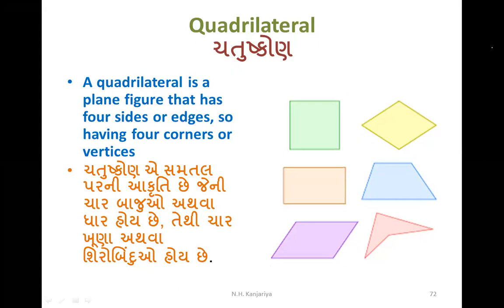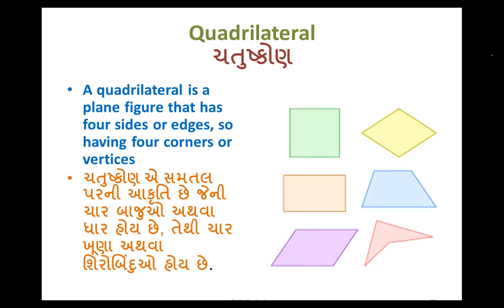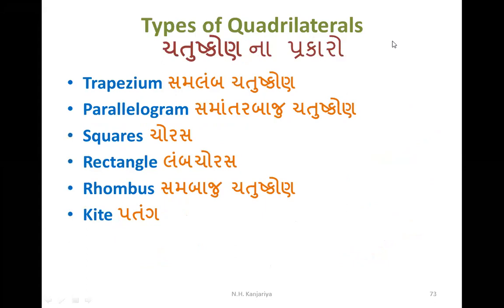Look here. In this topic we discuss six types: trapezium, parallelogram, square, rectangle, rhombus, and kite.